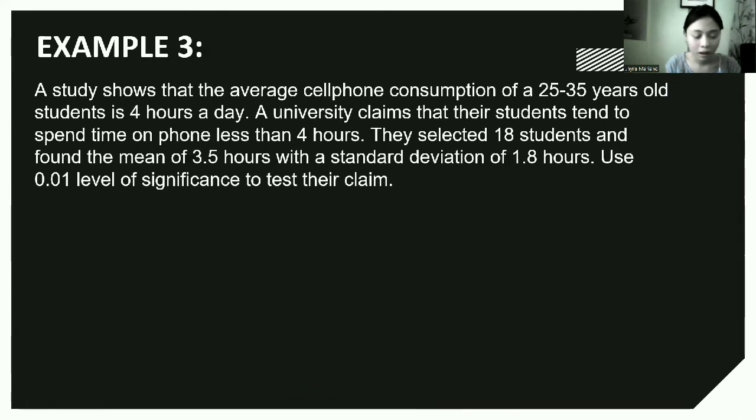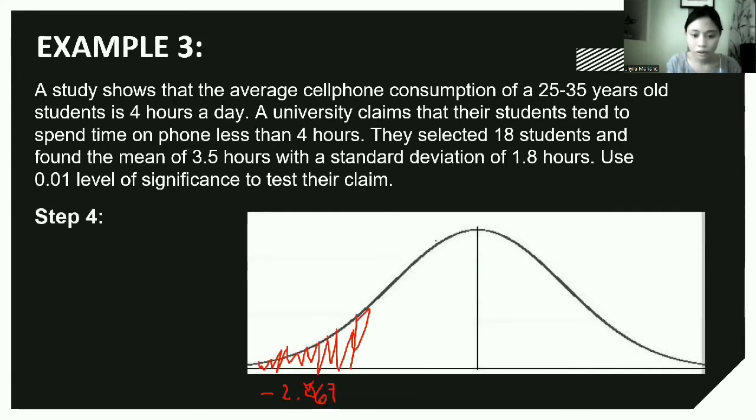And ang ating t, yung nakuha natin, negative 1.8. So since negative 1.8 yan, nandito yan somewhere. So nasa labas siya ng rejection region natin. Nasa loob siya ng non-rejection region. So therefore, hindi siya nagfo-fall dito sa rejection region natin.